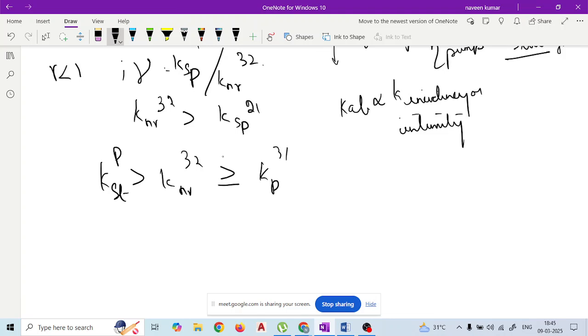You can play around with K_NR as well as the stimulated and spontaneous rates. The bottom line is that by choosing the medium in a specific way, we can make sure that delta N is greater than 1.